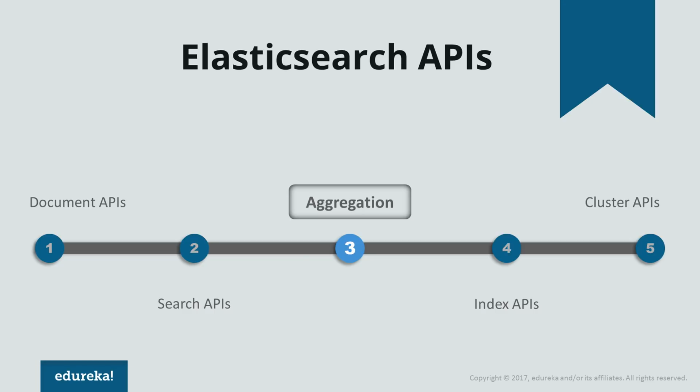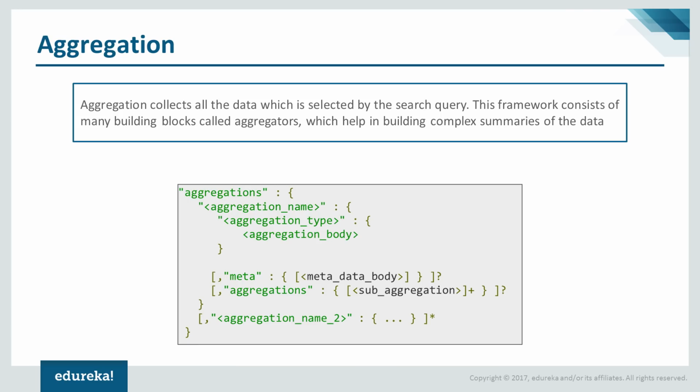All right, let's move on to aggregations. What are aggregations? If you want to collect the data and work upon multiple data sets, we make use of aggregation. Aggregation collects all the data which is selected by a search query. This framework consists of many building blocks, known as aggregators, which help in building complex summaries of data.